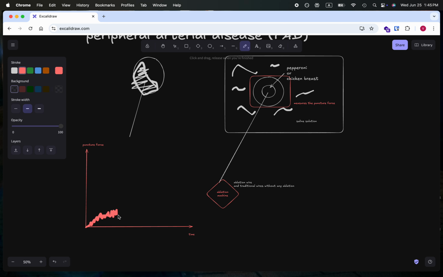And in this case, we are using our own material to simulate a lesion, and then when it actually punctures, it goes something like this, and pretty much goes down to 0, and it stops.